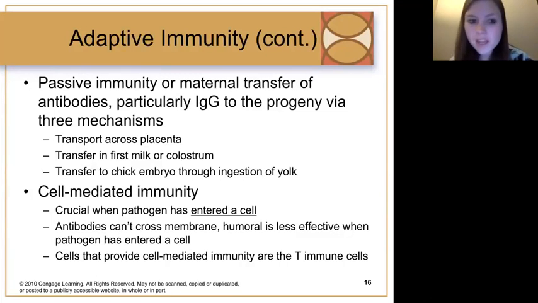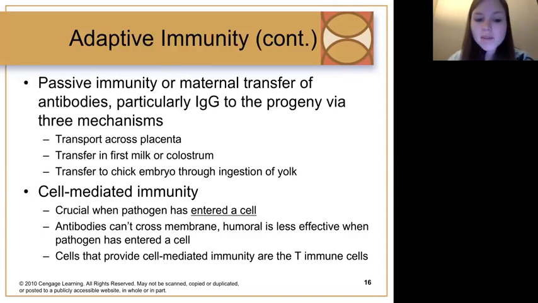So antibodies and things like that can be transferred. And then transfer in first milk or colostrum, like we said, is really important because that will transfer those antibodies so that the new animal, or baby animal, has some sort of immunity. And so actually it can also be transferred to the chick embryo through ingestion of the yolk.